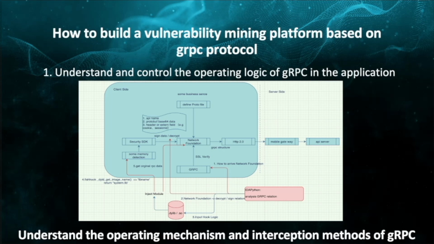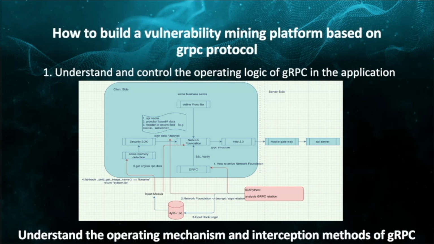We need to recognize gRPC logic and intercept gRPC requests. Step 1: through IDA Python, we can quickly locate the network library that encapsulates gRPC. At this time, we need to develop a dynamic library module to intercept the execution of gRPC.